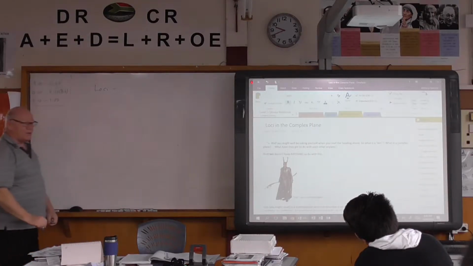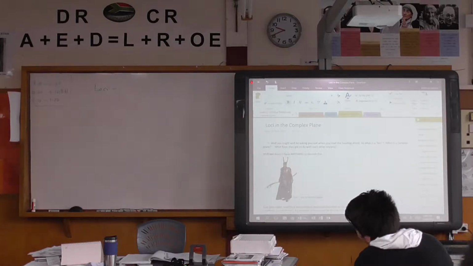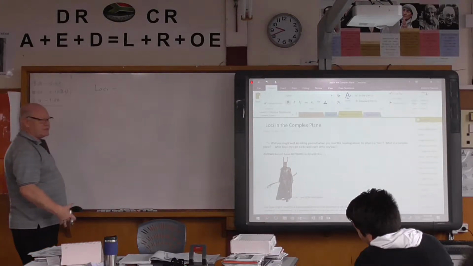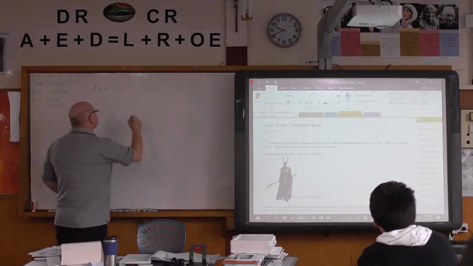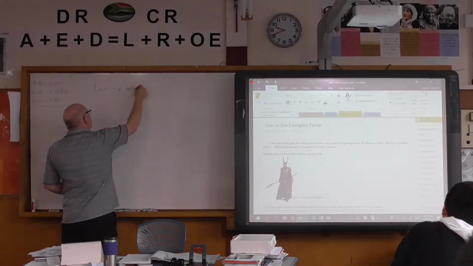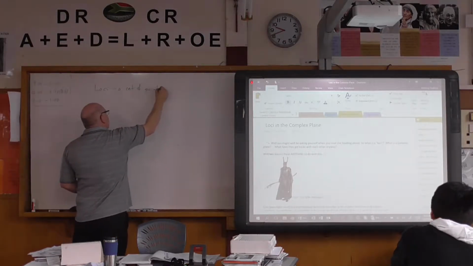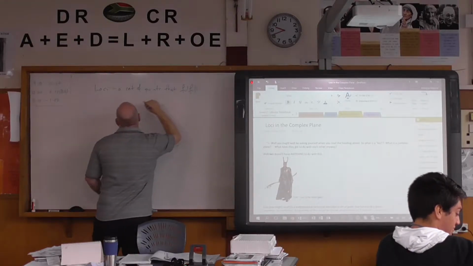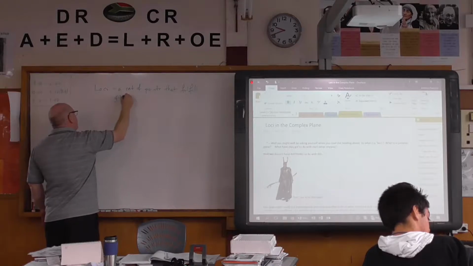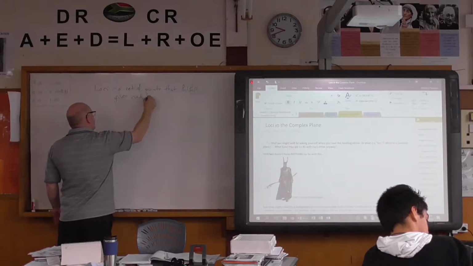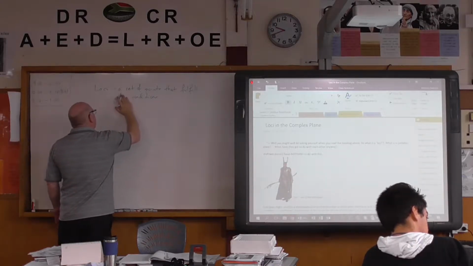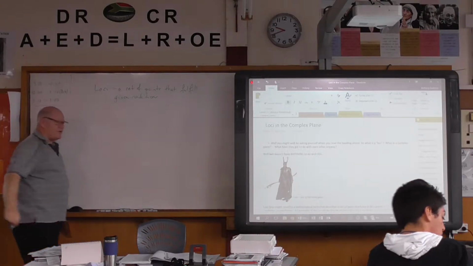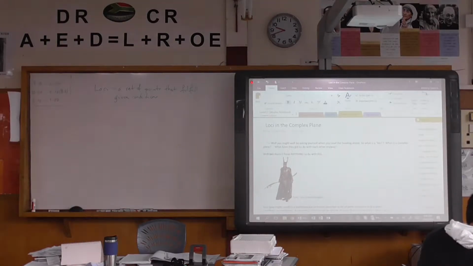This is a mathematical term meaning a set of points which fits certain conditions. You ever heard of Loci before?